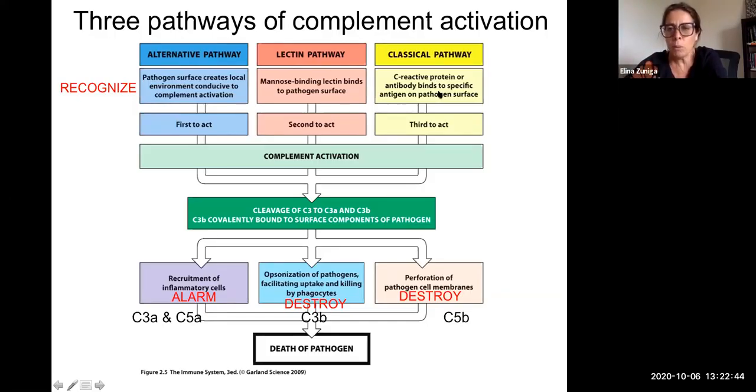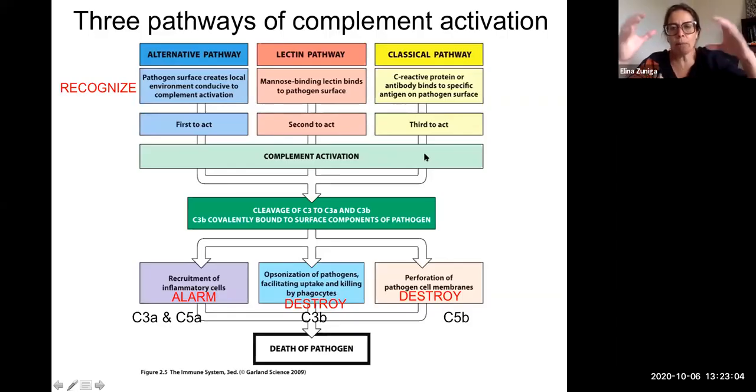But most often it is antibodies, and antibodies are derived from the adaptive immune response, and we mentioned how the adaptive immune response is slow. So these two are the first ones to be activated early on, but all of them can lead to complement activation.